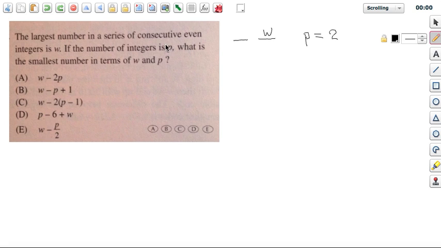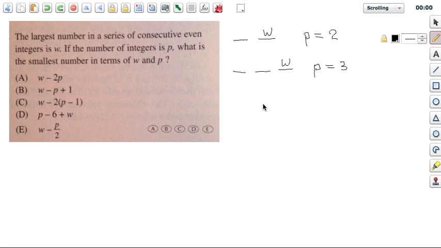So I'm not interested in answering the question just yet. I want to gather information as much as possible and see if I can find any tools that I've learned from 5th grade through to Algebra 2 that may help, starting with even recognizing patterns. So I'm going to go ahead and put 3 consecutive even numbers, and that number will be W, and P here is 3.